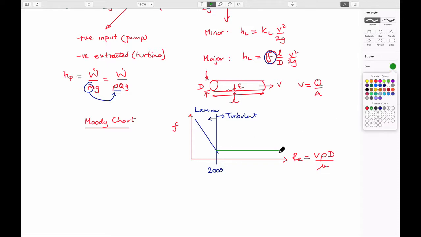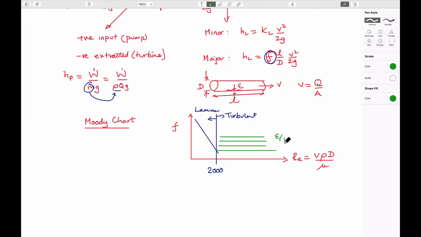And the behavior on the different sides of this is that the frictional losses in the turbulent regime are a function of the relative roughness, and they scale with that. And within the laminar regime, they're independent of roughness. So, roughness independent.